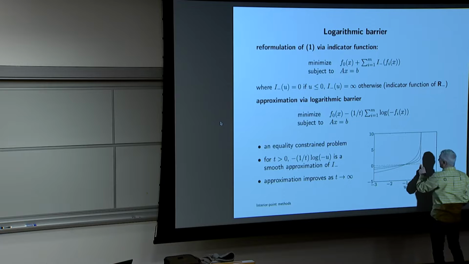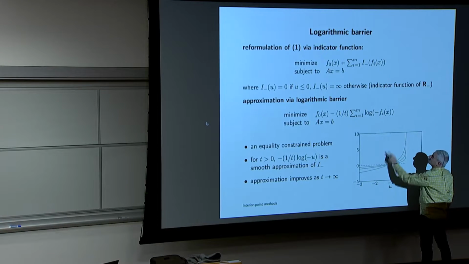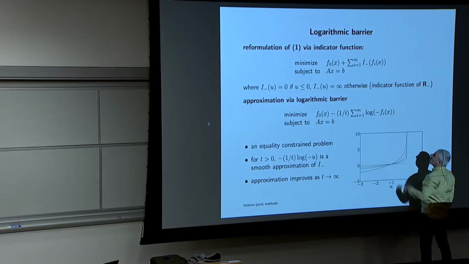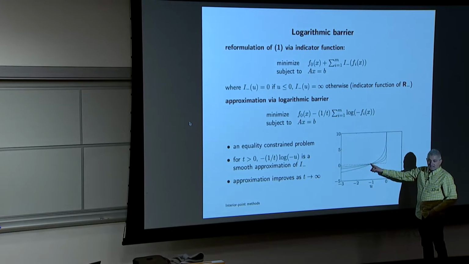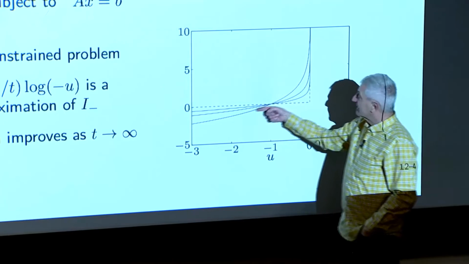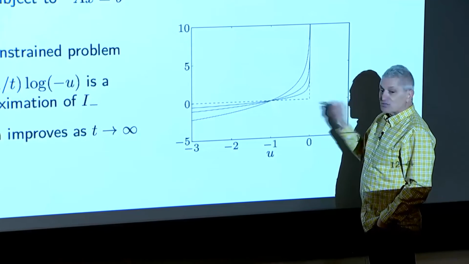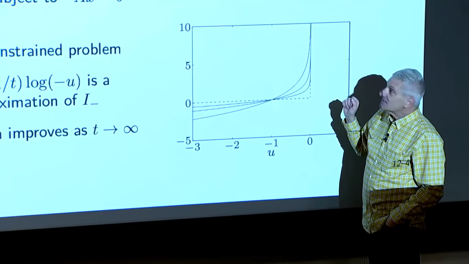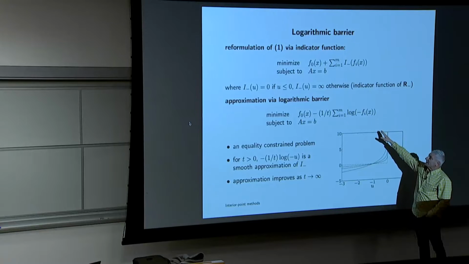So here's the actual function, this indicator function, and then this is basically -(1/t) log(-u). They all go through 0 here at -1. They get slightly negative here, and then they go up to plus infinity as you approach this boundary. Okay, so.